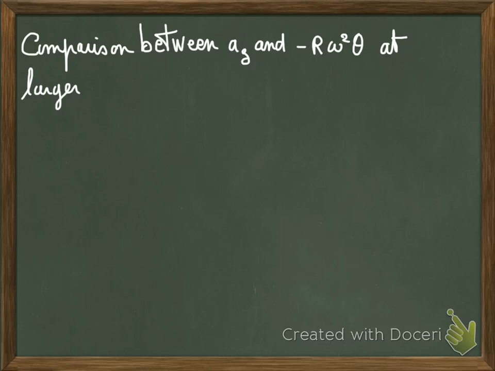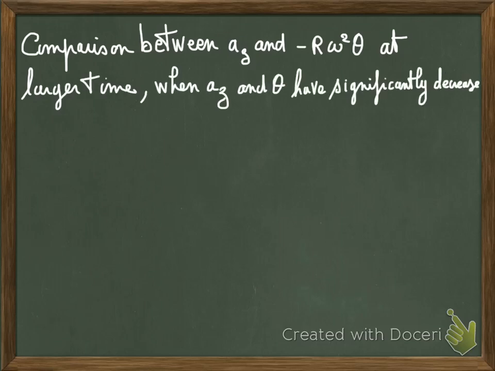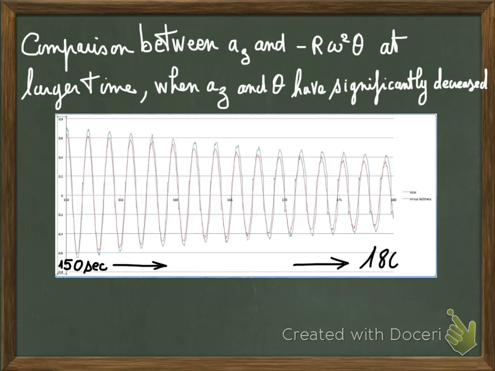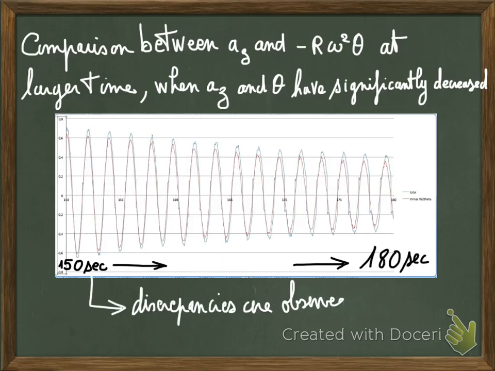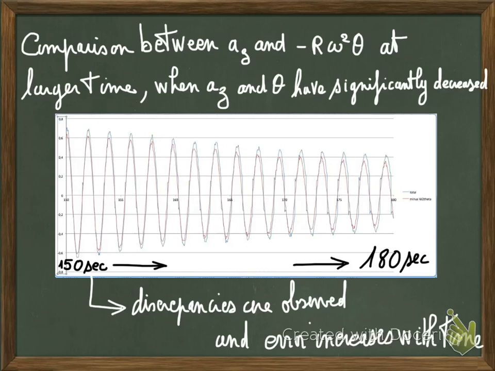It's interesting to go further in time. The previous set of data presented were between 90 seconds and 150 seconds. If we go further in time and look at the agreement between the theta measurement and the component of the acceleration AZ, in the period between 150 seconds and 180 seconds, then we see that the discrepancy is much more obvious.